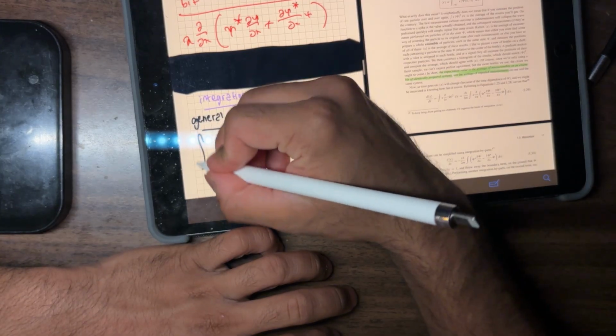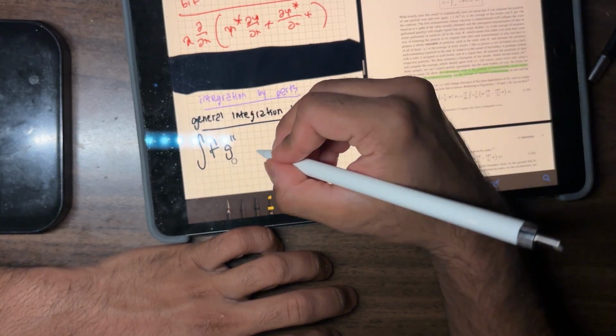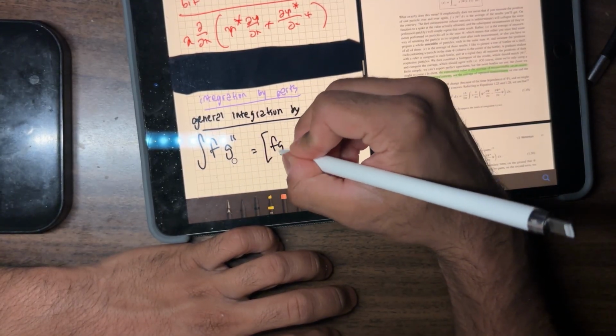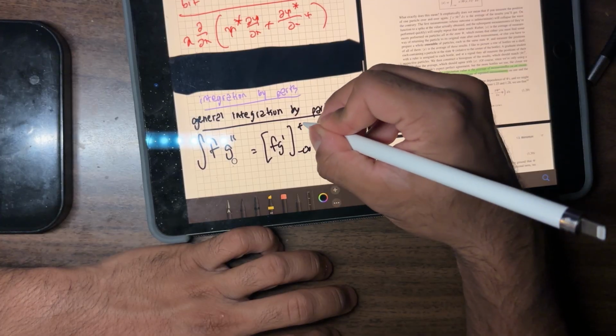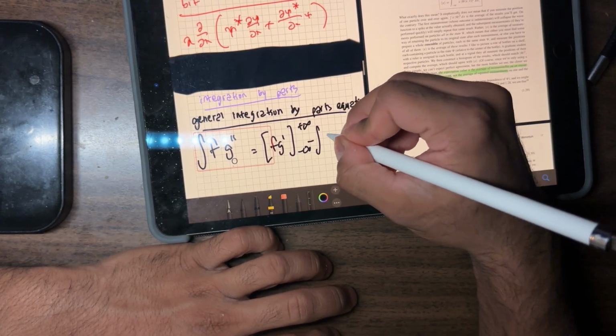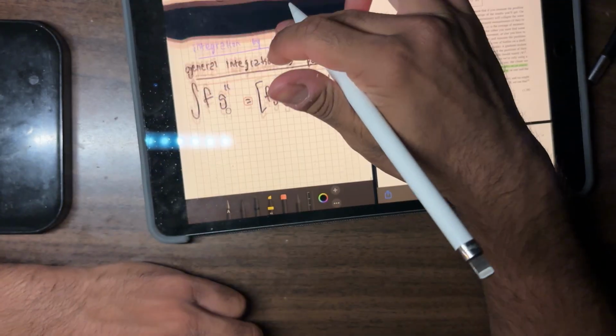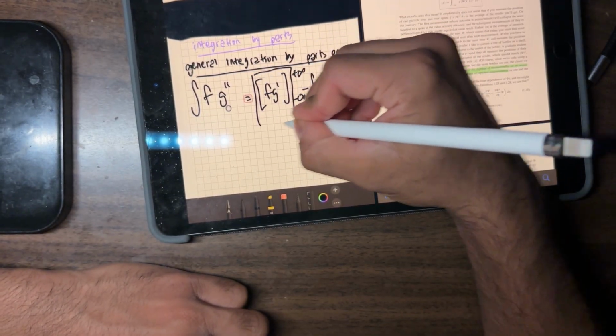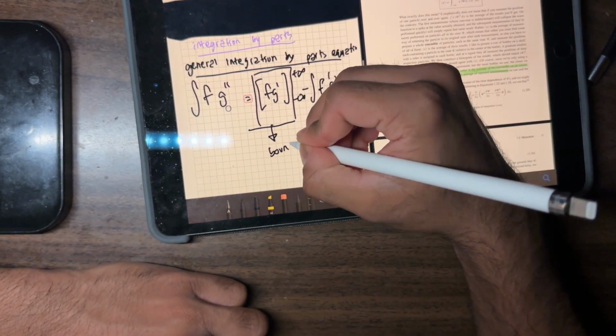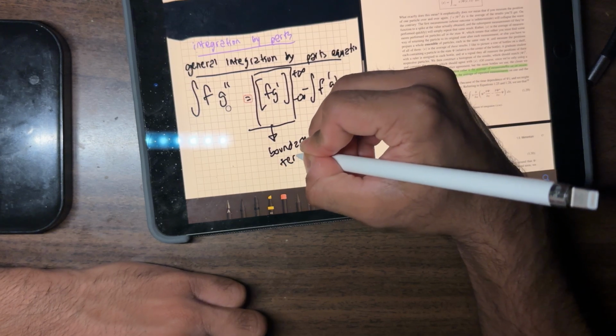Integration of f g prime prime would be f g prime from minus infinity to plus infinity, minus integration of f prime g prime dx. Now this is the boundary term.